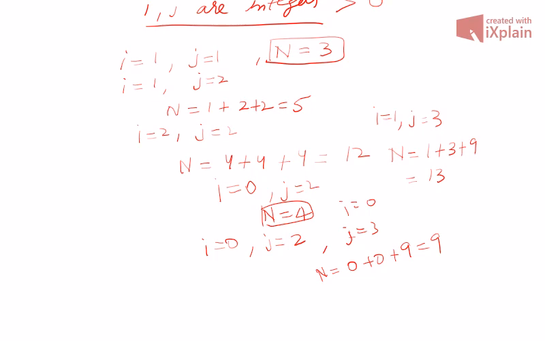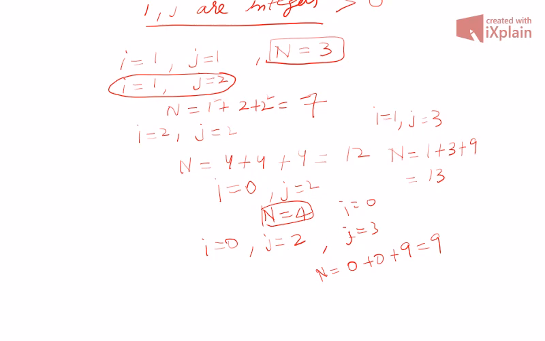Oh, here I have i equal to 1, j equal to 2. So this will be 1 square plus 2 plus 2 square, that will be 7. Sorry. So these are the possible different values which n can take.